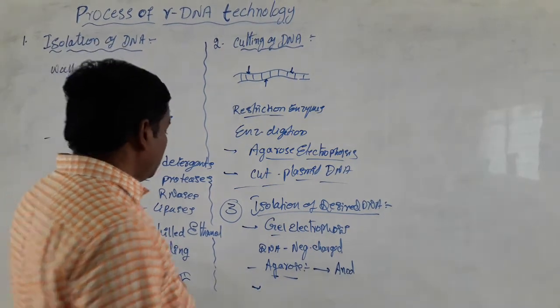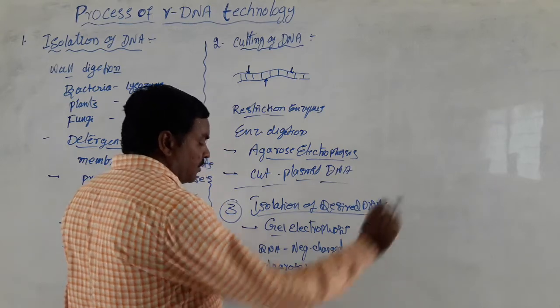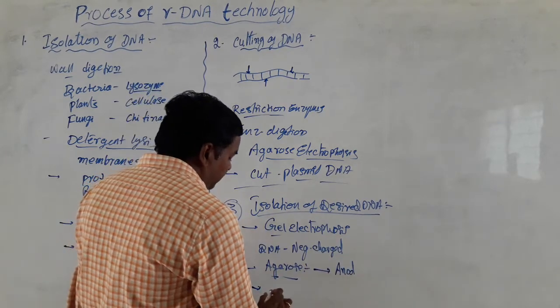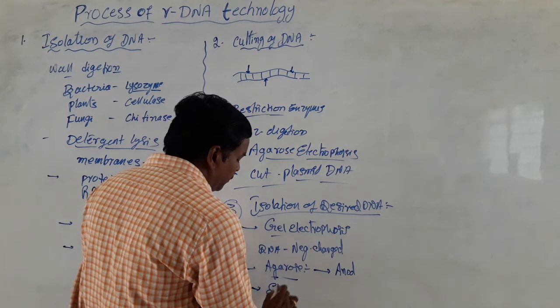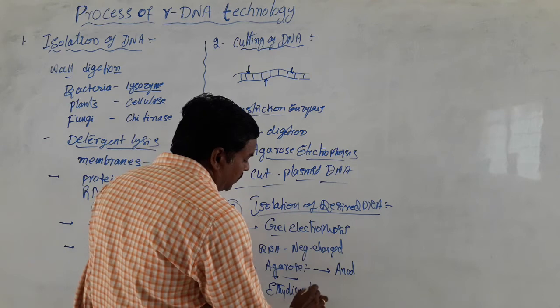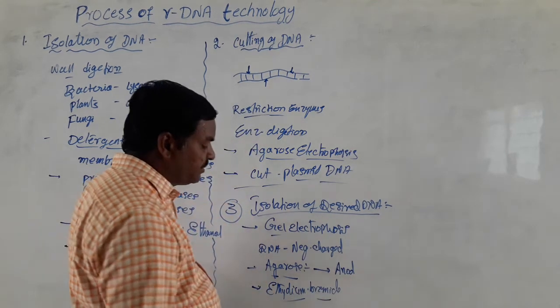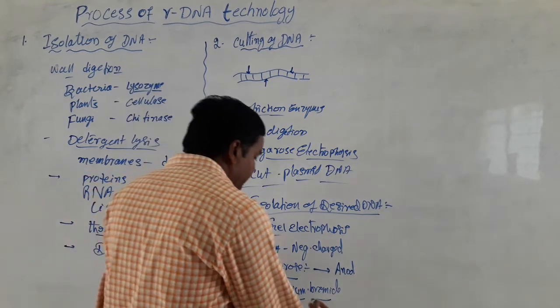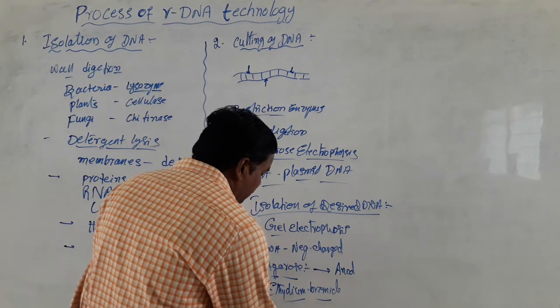Similarly, these DNA molecules can be visualized only after the treatment with ethidium bromide. They can be visualized only after staining with ethidium bromide and under UV radiation.